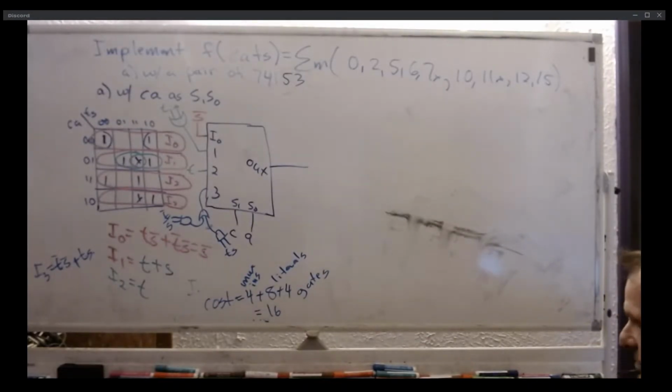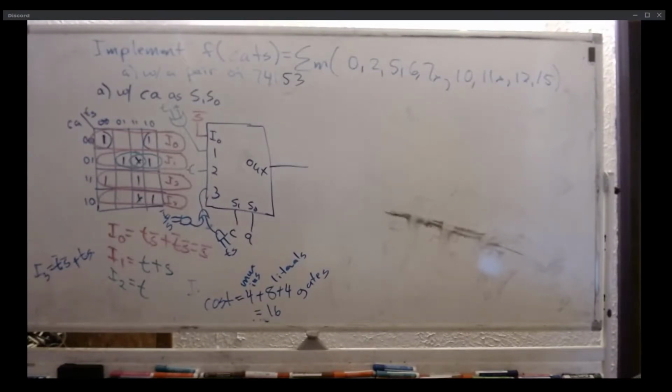So when evaluating cost for a decoder or a mux implementation, you take a look at not just the circuit diagram, but whatever Boolean implementations are required. And you just add those.